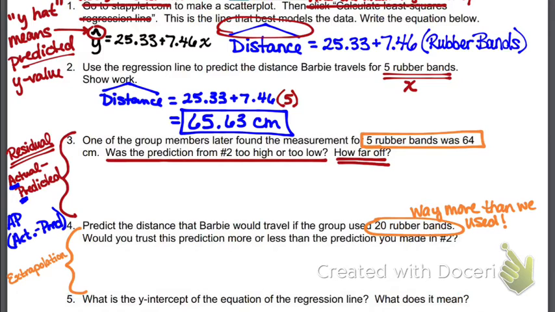What was our prediction again? 65.63. And when they tested it, they found out that it was actually 64. How far off was that prediction?